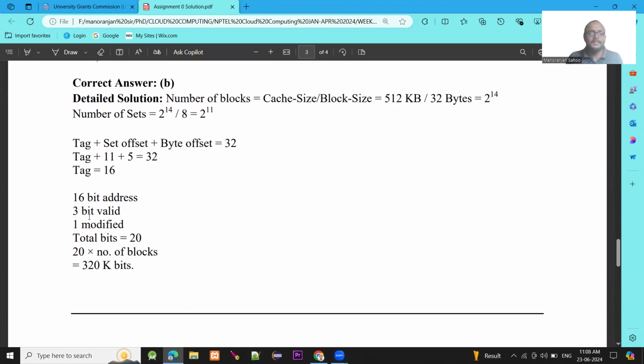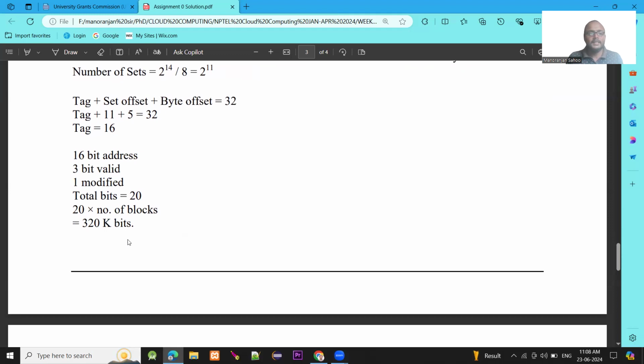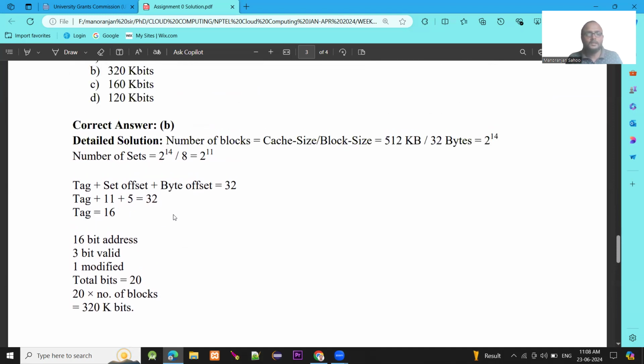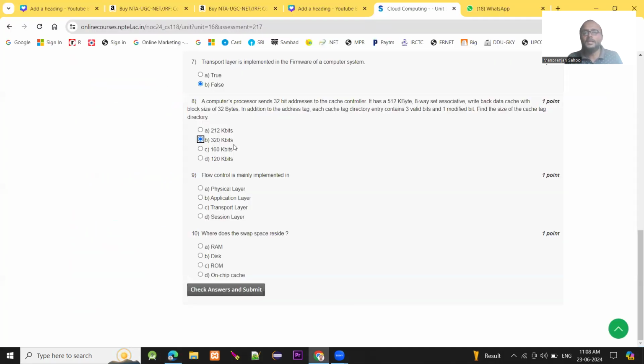A 16-bit tag, 3 valid bits, 1 modified bit, so 16 plus 3 plus 1 equals 20. Got it? Then 20 times the number of blocks. The number of blocks, how much? 16. So 16 into 20 is equal to 320 kilobits. So the correct option is B, 320.